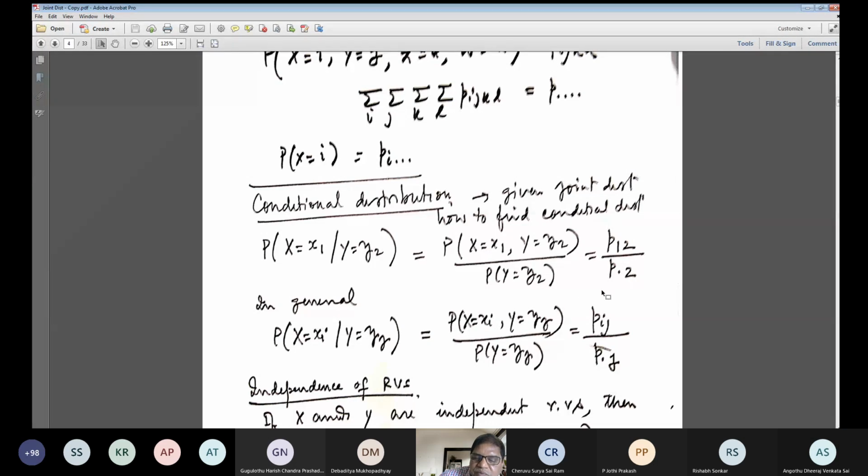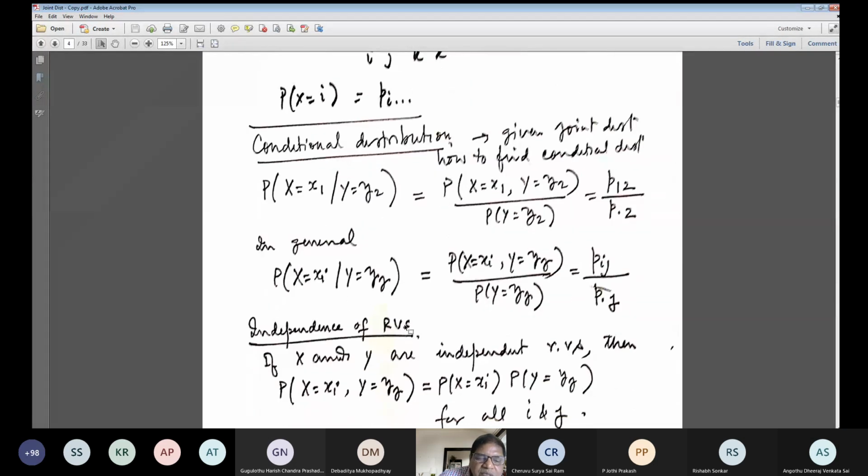So in general, x equal to xi, y equal to yj, we write pij divided by p dot j. Or simply, you can remember it as the joint probability of x equal to xi, y equal to yj, divided by the marginal distribution of yj. So this is the conditional definition.